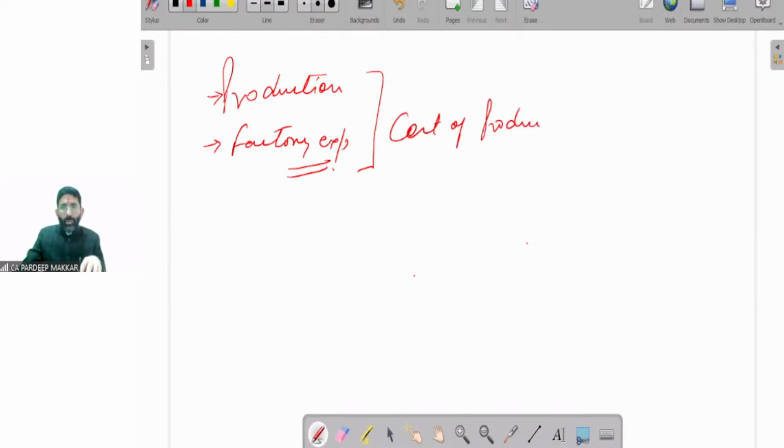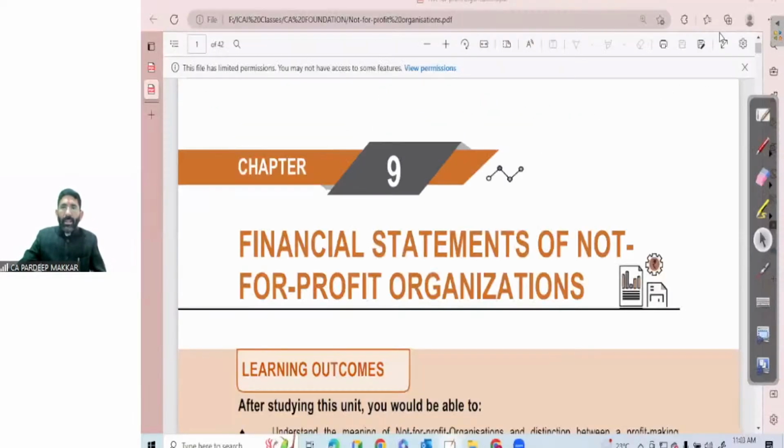So we have to calculate cost of production or cost of raw material consumed, beta, because the target is to calculate cost of production or cost of goods manufactured. So this is called cost of production. The proper format is also given to you.